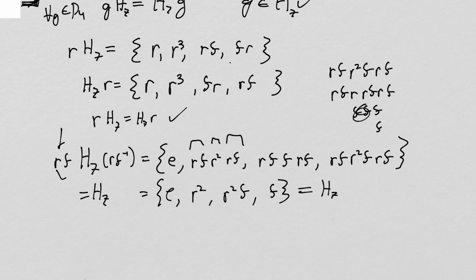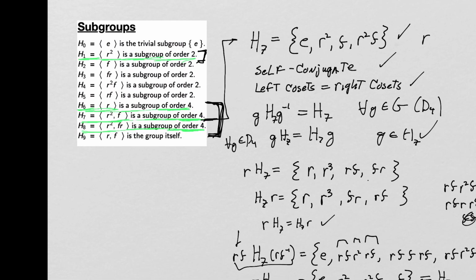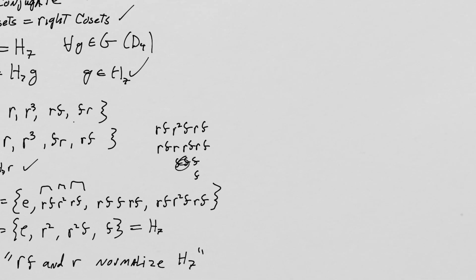So conjugating H7 through this element RF, still H7. So now I say that RF normalizes H7. Actually, what I say is that RF and R normalize H7, because I checked R, and R satisfied the normalization rules, and RF satisfied the normalization rules. I'll let you do the others yourself, but sure enough, H7 is normal. We know this not only because we were told, but we just checked. I just checked two of them.